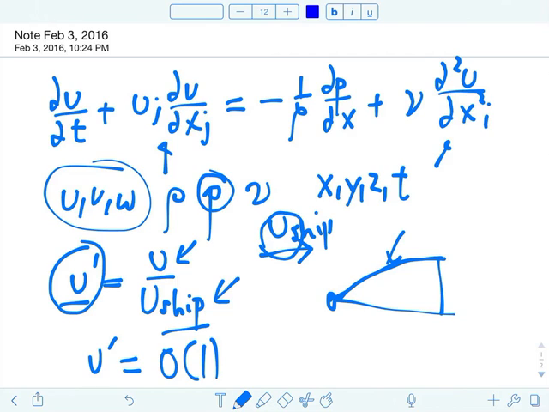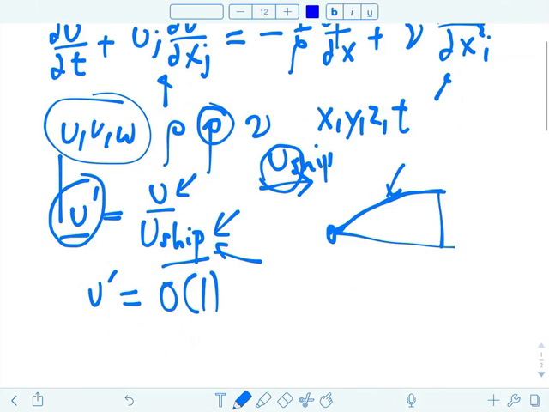Because we've picked u ship, if we normalize the velocity by, say, the speed of light, everything's going to be order 0. Or if we normalize the velocity by, say, 1 nanometer per second, then everything's going to be quite large. My goal is to make all the terms the same order.